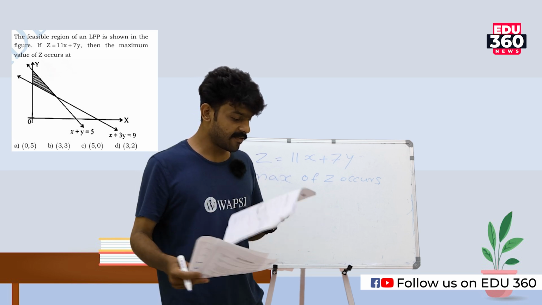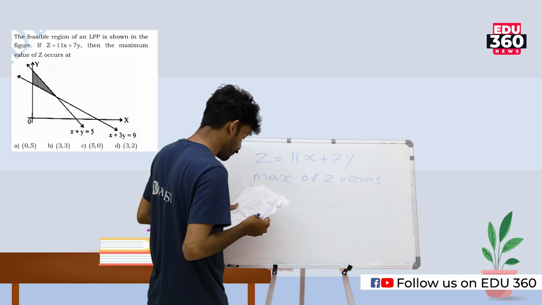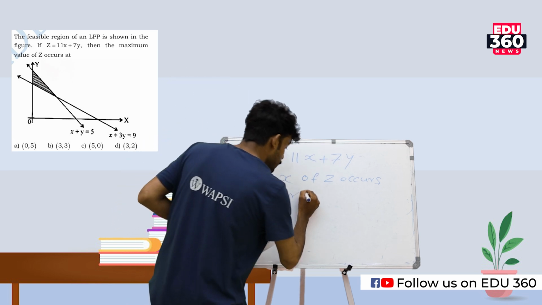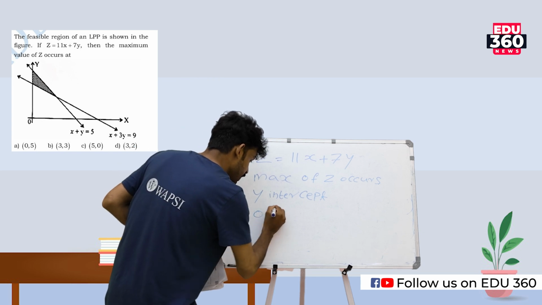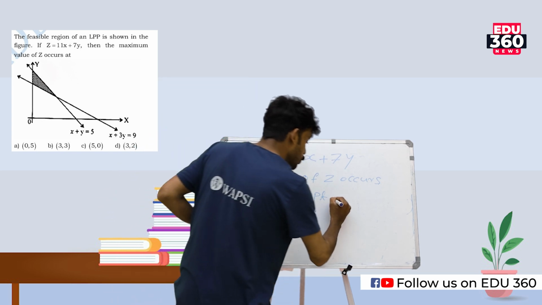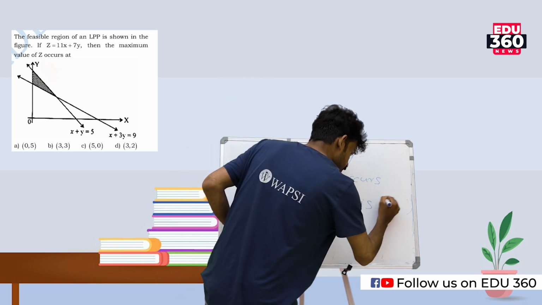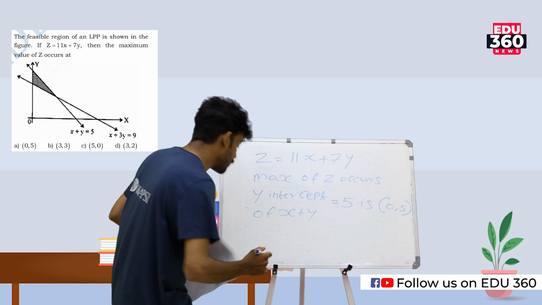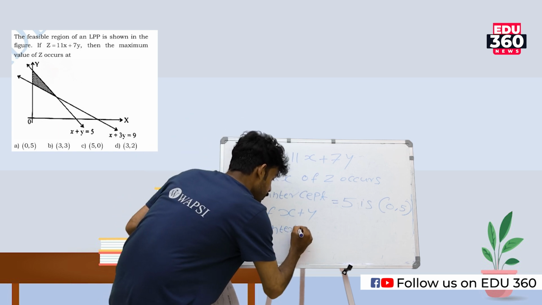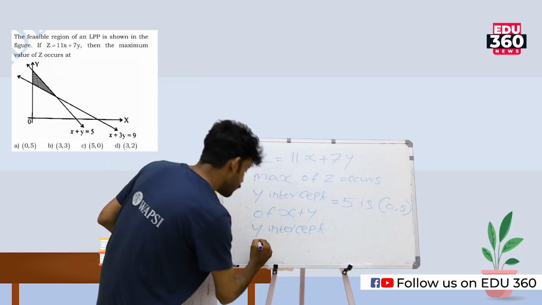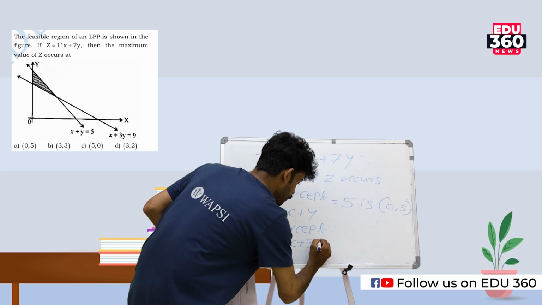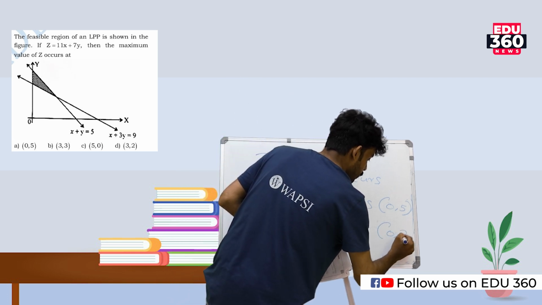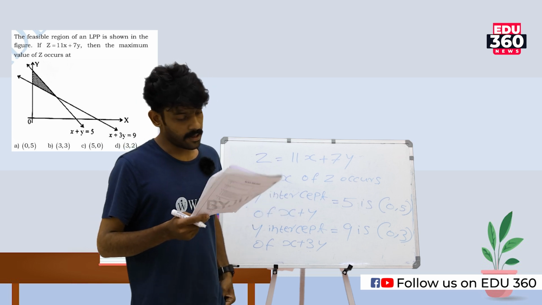Moving on to the answer side, the y-intercept of x plus y is equal to 5 is 0, 5, and the y-intercept of x plus 3y is equal to 9 is 0, 3.